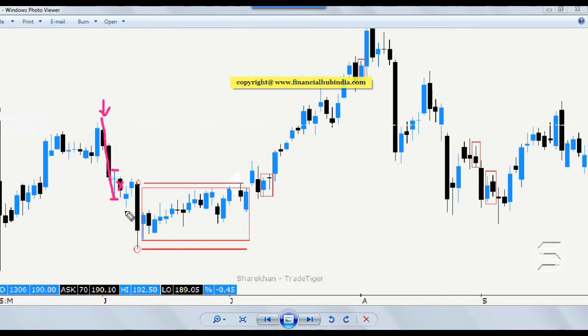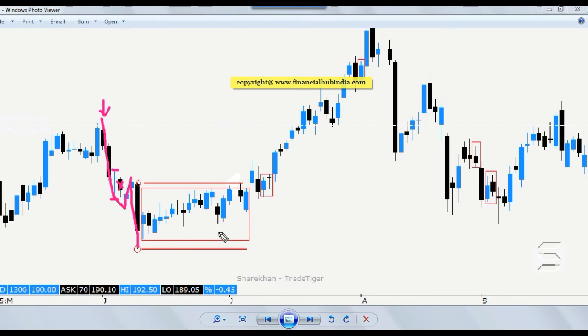The next candle is this one, and this candle has broken the prior candle, which is the mother candle's low, so we'll draw the line up to the low of this candle. And then the next candle has broken the high, so we move up. And then the big black candle has broken the low, so we move down.